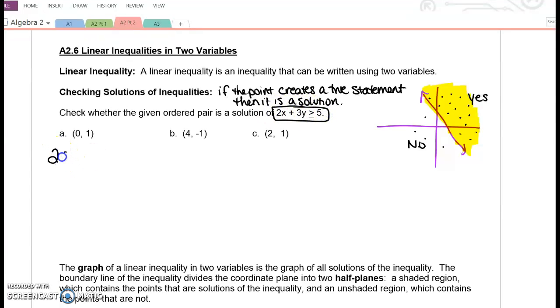So 2 times 0 plus 3 times 1, and we're checking to see if that is greater than or equal to 5. Is 3 greater than or equal to 5? No, that is a false statement. That means that the point (0, 1) is not a solution.